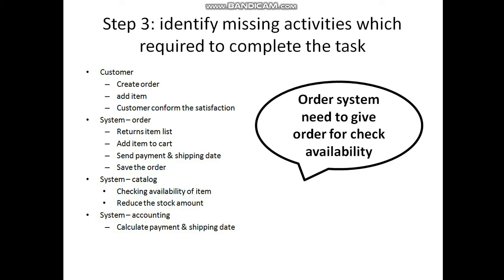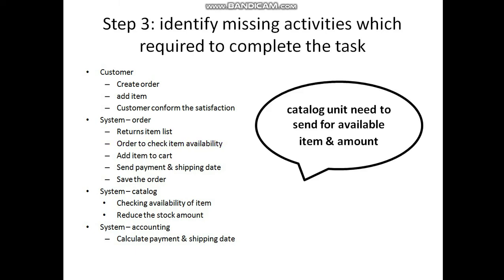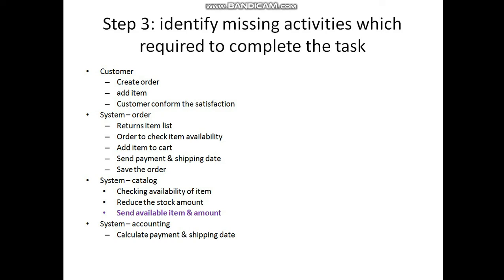Because of that, I am going to add a new activity under system: order to check item availability. According to that order, the catalog unit checks availability and sends that detail to the order system. So I am going to add a new activity under catalog unit: send availability item and amount.